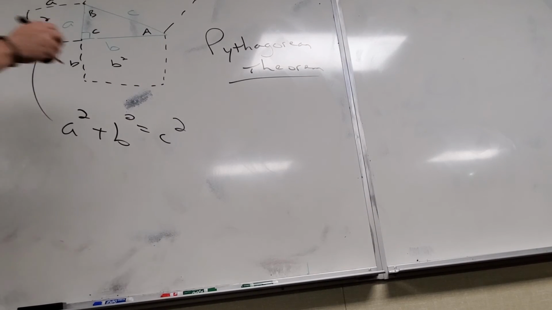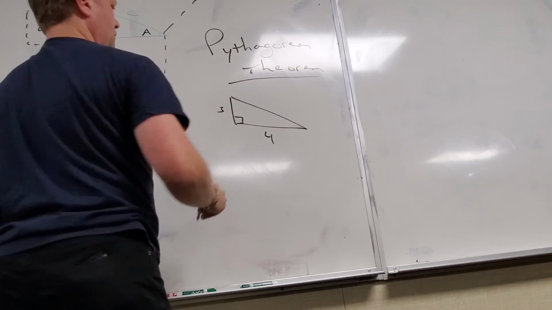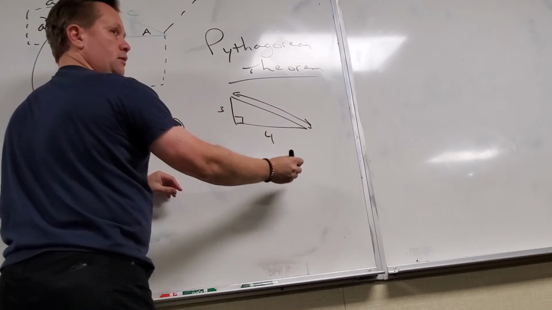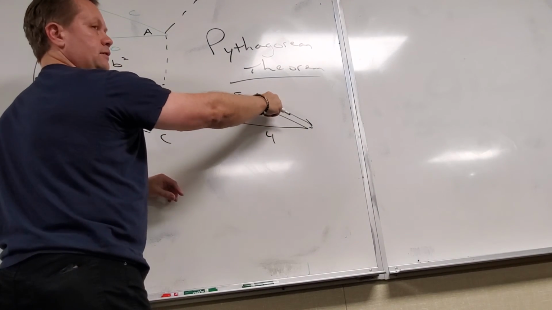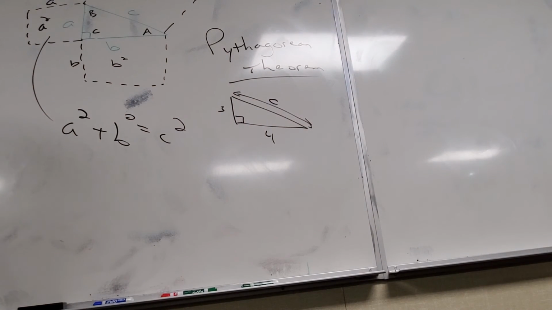So now watch how I can use this. If this was 3 and this was 4, how long will this be? This is C, right? That's the most important side. Which one's A and B?